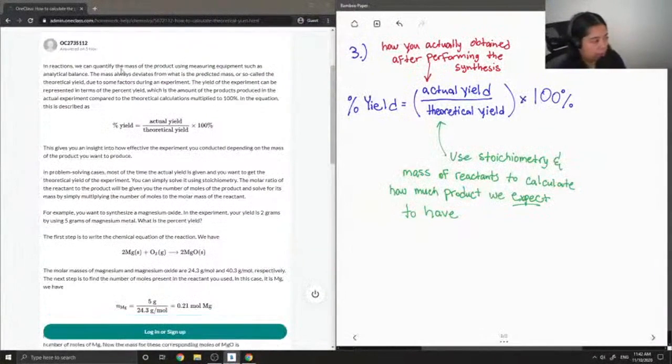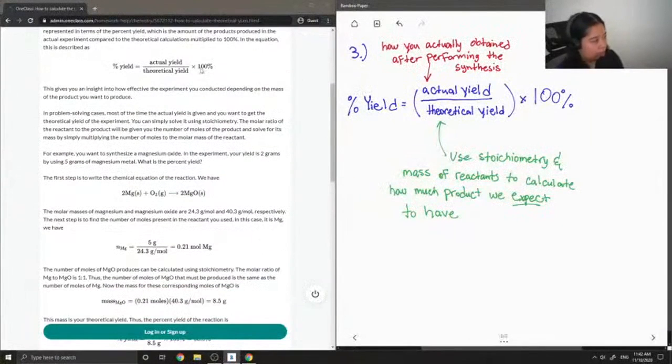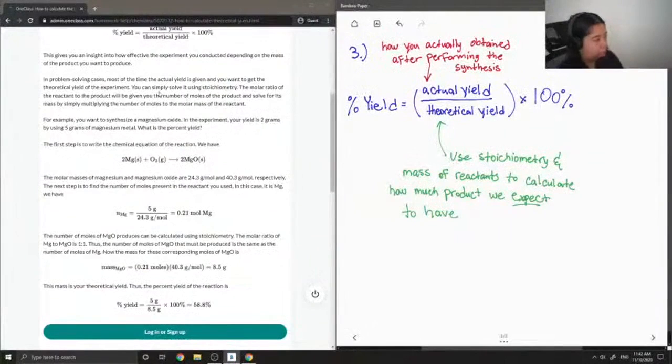The yield of the experiment can be represented in terms of the percent yield, which is the amount of the products produced in the actual experiment compared to the theoretical calculations multiplied to 100%. Okay, so they have actual over theoretical times 100. So this gives you an insight into how effective the experiment you conducted, depending on the mass of the product you want to produce. Okay, so here they have a nice example.